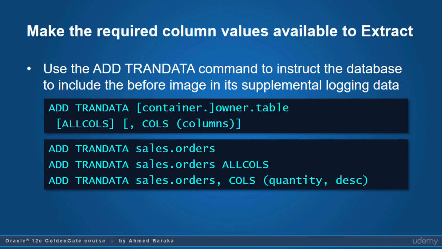I have explained about enabling the supplemental logging before in the preparing the environment lecture, and I will discuss it again over here. In order to have the before image saved in the supplemental logging information, you can use the command add trandata followed by the table name and the columns to be included in the supplemental logging data.